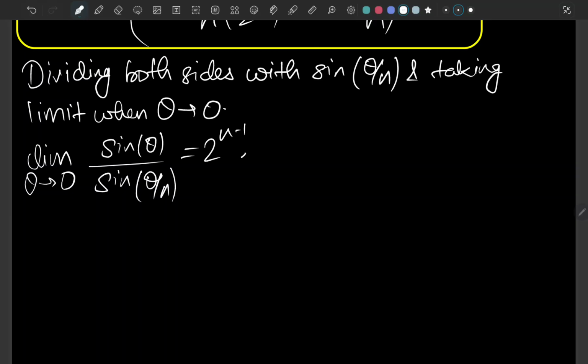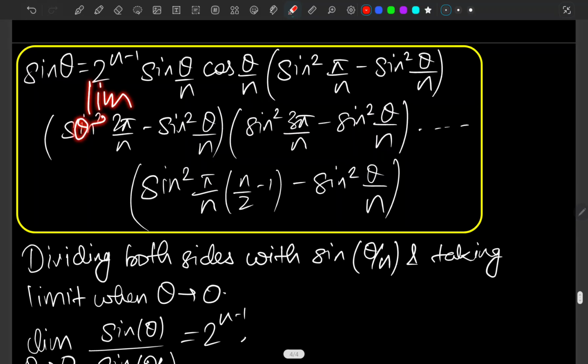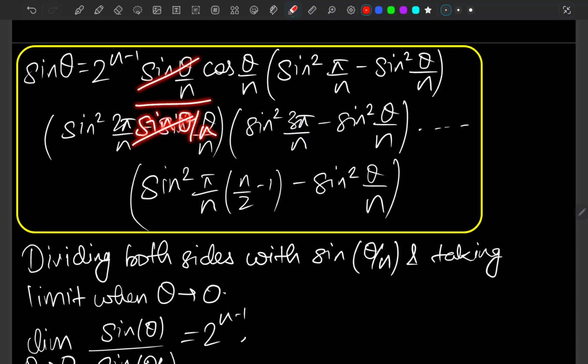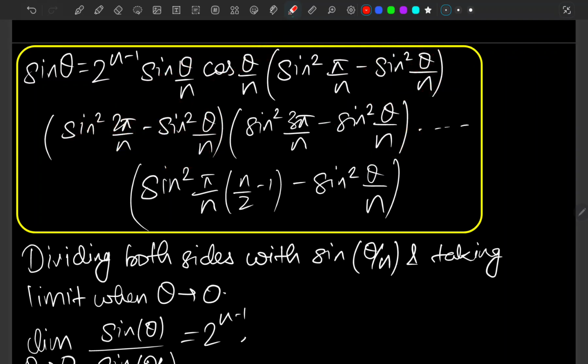If we take the limit on the right hand side when theta tends to 0, this is going to be 1. We have divided by sine of theta over n, so this is going to be cancelled out, and this is going to vanish, this one is also going to vanish. Wherever you are having theta on the right hand side, that's going to give us 0.